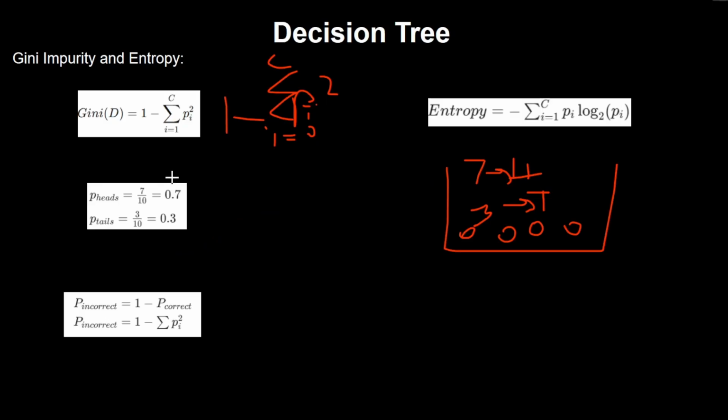Let's say we are picking a coin from it and making a guess, and you know this probability already. No matter what the outcome is, you will always guess heads 70% of the time and tails 30% of the time.